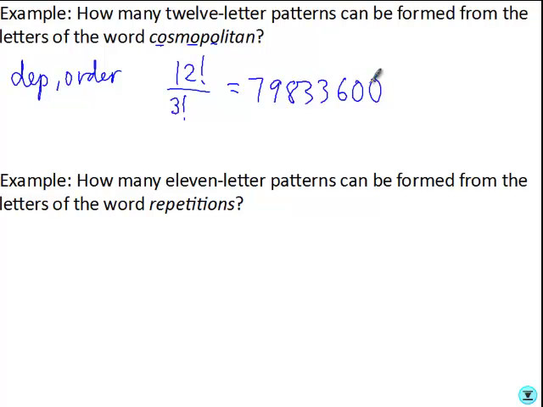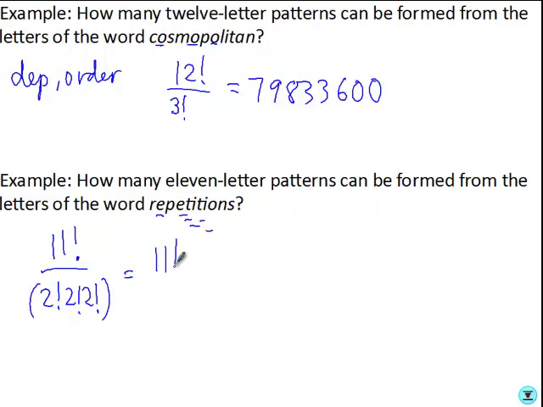How many 11-letter patterns can be formed with the word repetitions? Okay, so again, dependent, order matters. 11 letters, factorial. Now let's see. I've got 2 E's, so I'm dividing by 2 factorial. I've got 2 T's, so I'm dividing by another 2 factorial. And I've got 2 I's, so I'm going to divide by yet another 2 factorial.